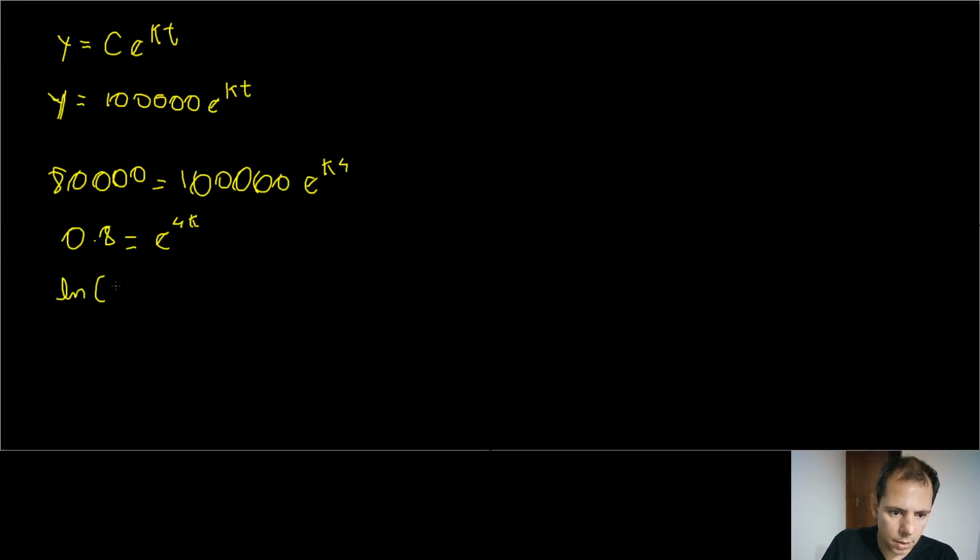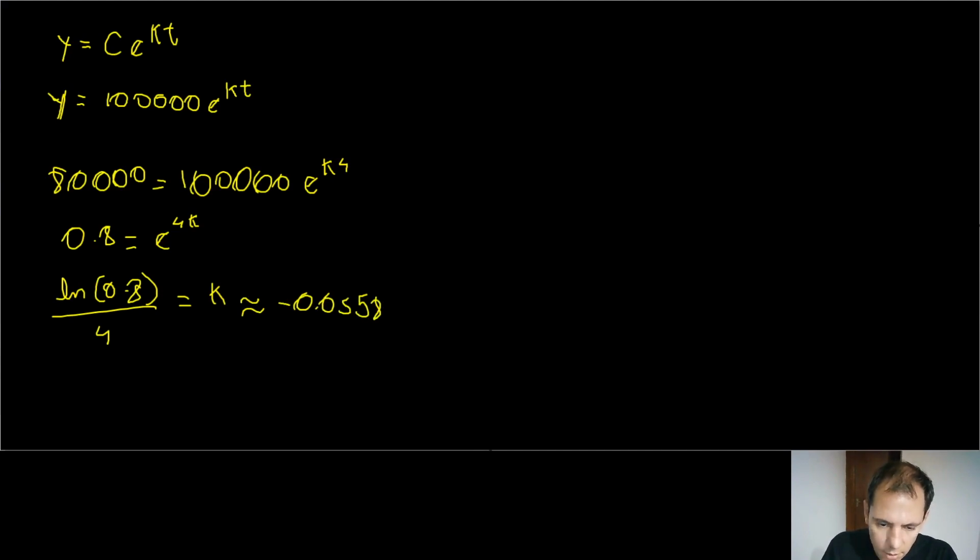So ln of 0.8 divided by 4 equals k. That's what it means. All right? Because you're going to take the ln on both sides, so it's ln of 0.8 equals 4k, k equals ln of 0.8 divided by 4, which is approximately minus 0.0558. Yeah. So you see that k is negative, that means it's declining, and it is declining.